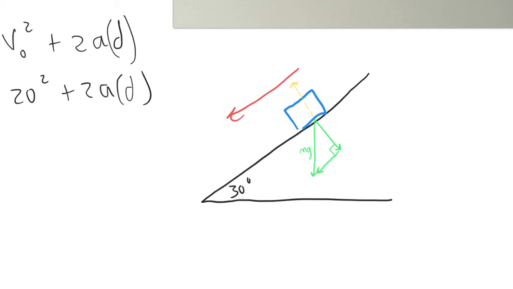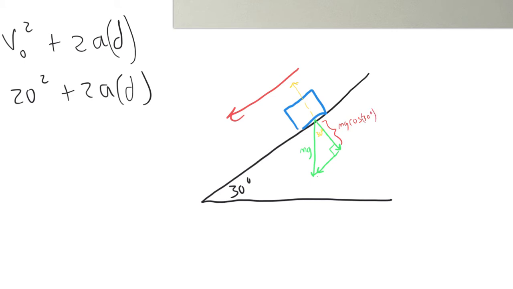This angle right here, I should say, is 30 degrees. That's for sure. My students should know that if that's 30 degrees, then that angle has to be 30 degrees, which means that this vector, this force, could be described as mg times cosine of 30.